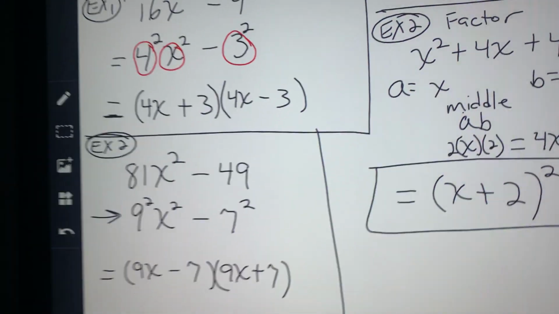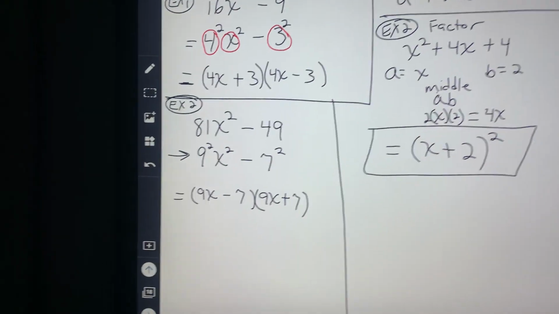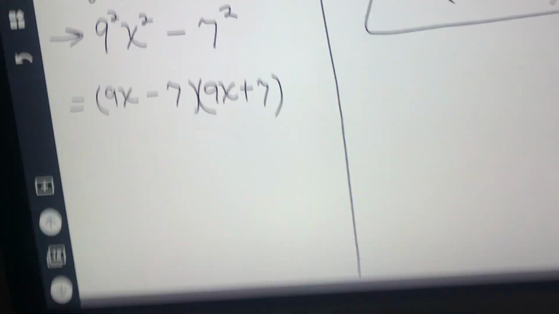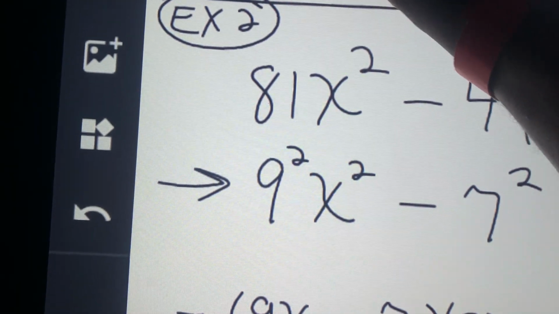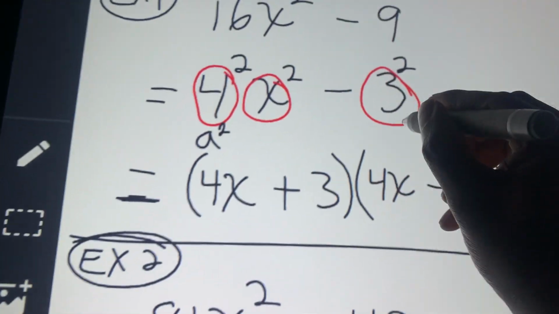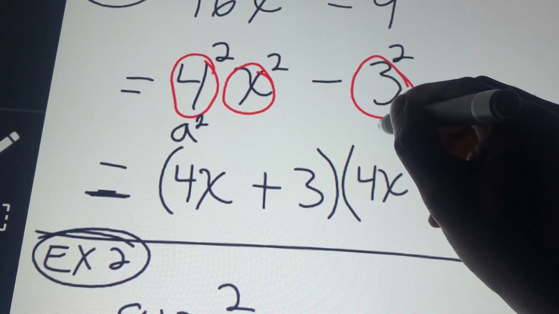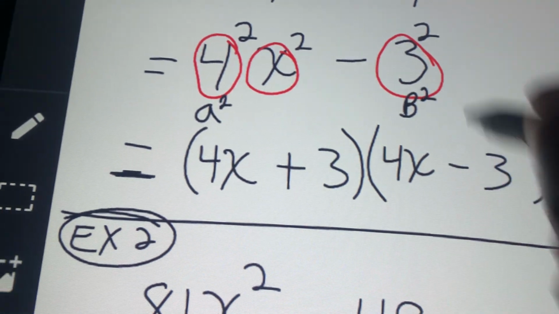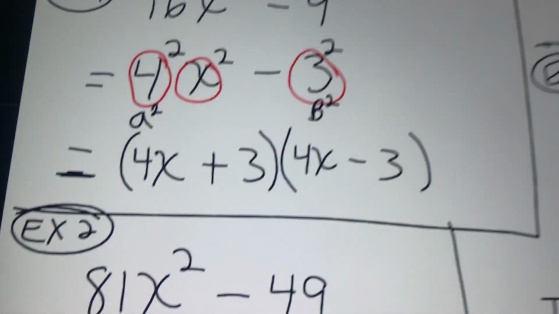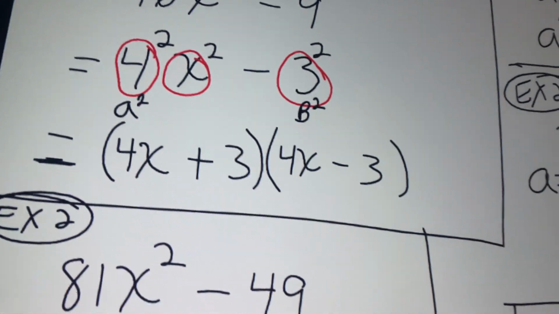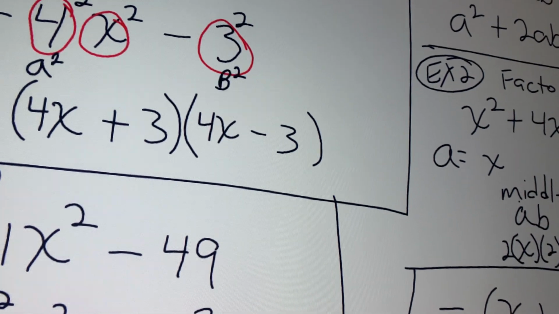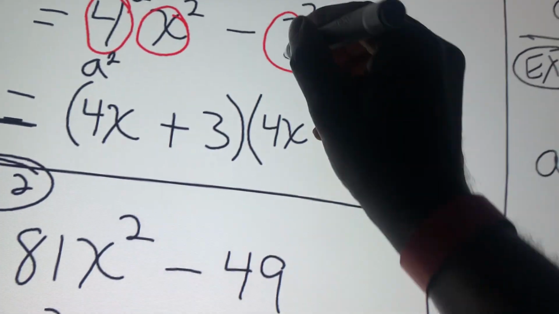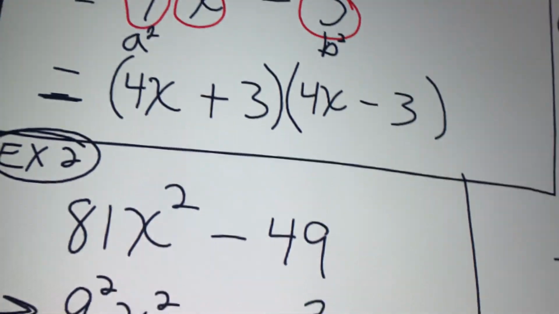So we have now a plus b. This is again your A squared, and this is your B squared.